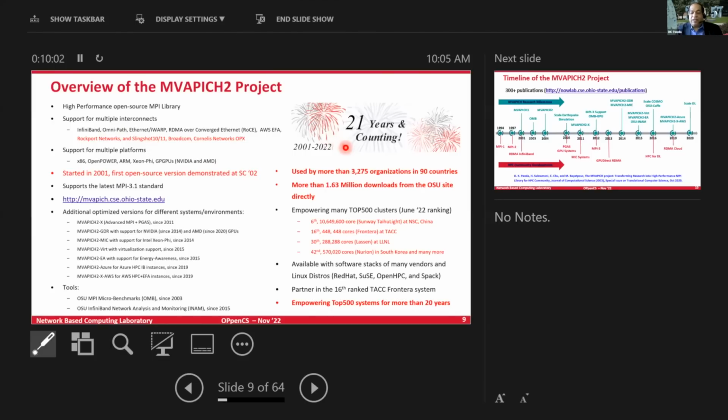I am very proud of my team. The open source project is continuing for 21 years now. And not only did we start with InfiniBand, but now it supports all HPC interconnects: Omni-Path, Ethernet, iWARP, RoCE, even AWS EFA, Rockport, Slingshot 10 and 11, Broadcom, Cornelis network. You name any HPC system, we have that solution.